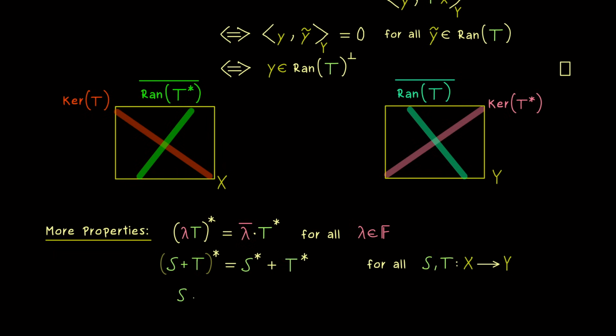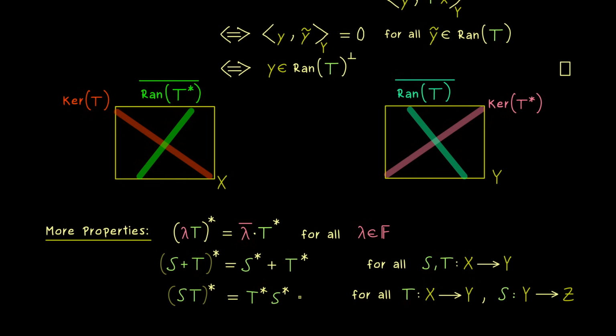However, now maybe a little bit more complicated, we could also look at the composition of two operators. Then T here might go from X to Y and then S from Y to Z. So here we could have three different Hilbert spaces. And now we know that the adjoint of this composition should go from Z to X. Therefore, if we want to distribute this star, the order of the adjoints definitely has to change.